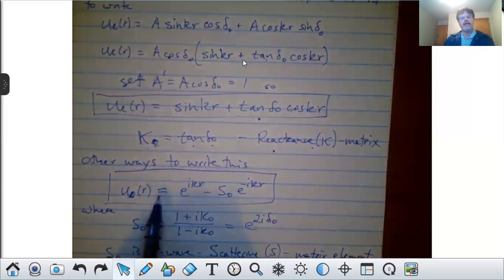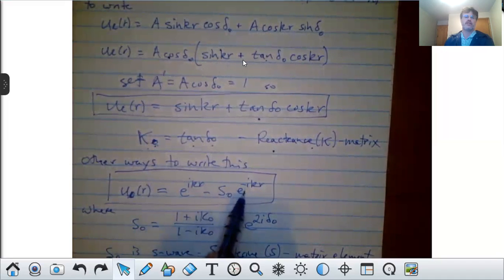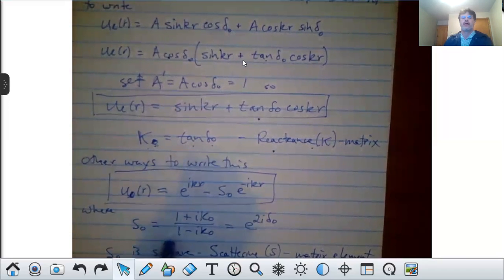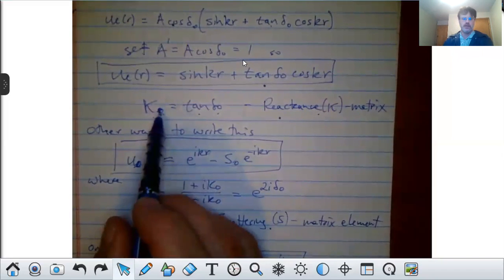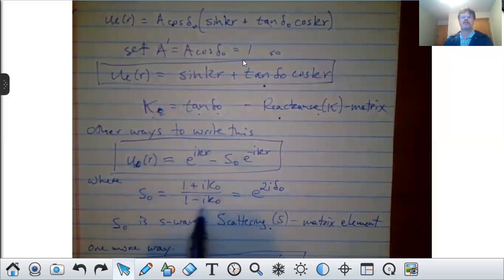So when I write this in terms of e to the ikr and S and e to the negative ikr, I can do a little bit of algebra and find that the coefficient that multiplies e to the negative ikr is given by this formula. It's related to the K matrix by this relationship.